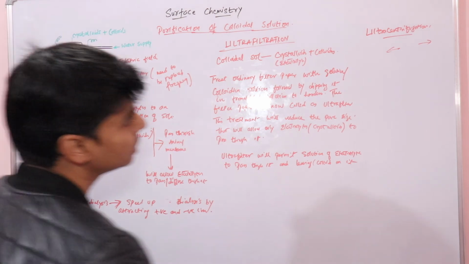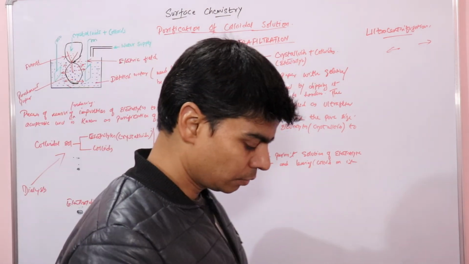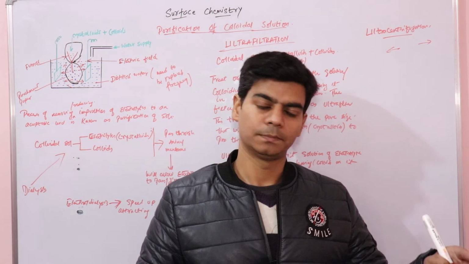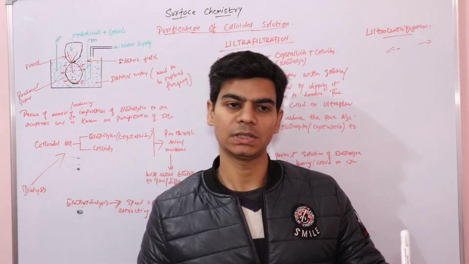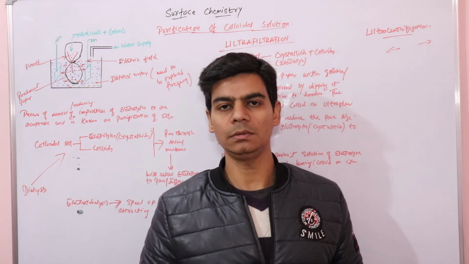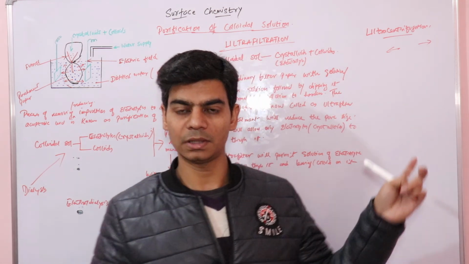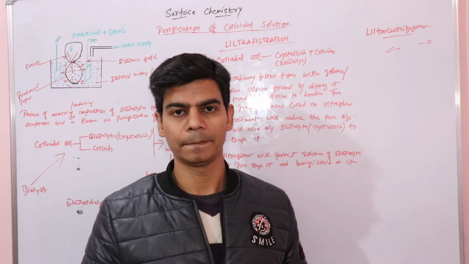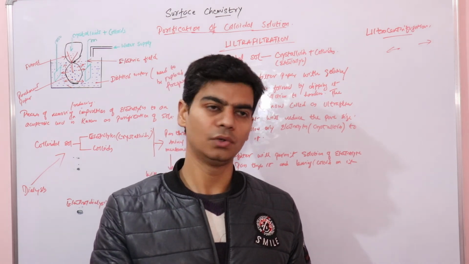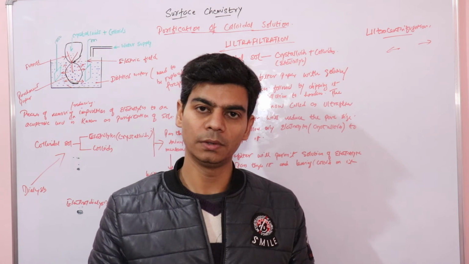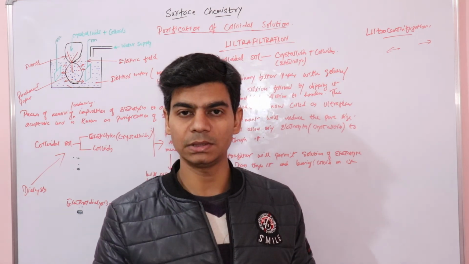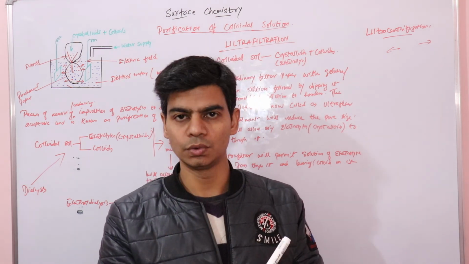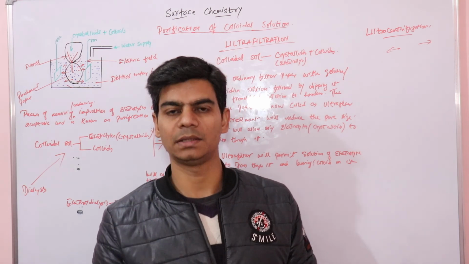So ultracentrifugation is when we remove impurities which are electrolytes from colloidal solution using an ultracentrifuge, right? Ultracentrifuge is a device. In this technique, you take colloidal solution in a tube, and put that tube in this device called ultracentrifuge, and ultracentrifuge rotates or spins at a very high speed, such that crystalloids will remain in solution and colloids would get settled at the bottom, right?